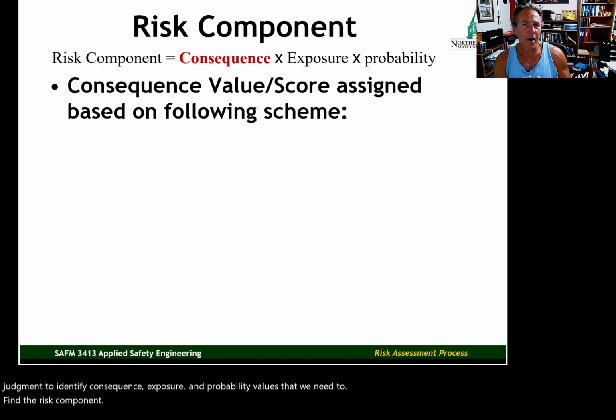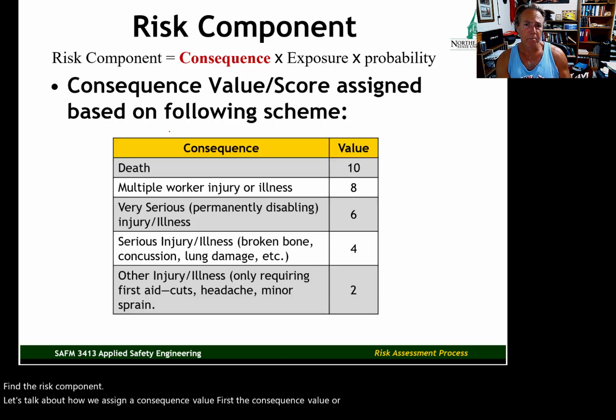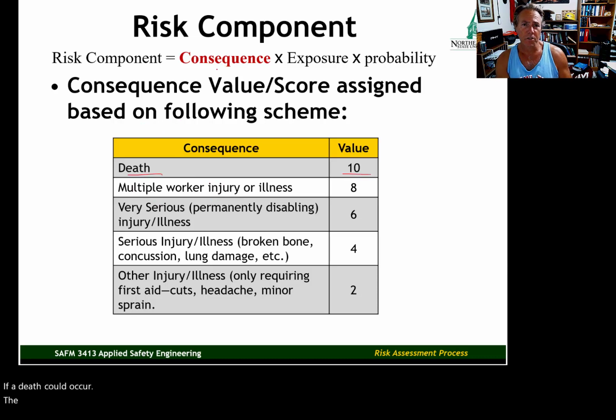Let's talk about how we assign a consequence value first. The consequence value, or consequence score, is assigned based on the following scheme. If a death could occur, the consequence value receives a 10. Multiple worker injury or illness, not quite as serious but still pretty bad, receives an 8.